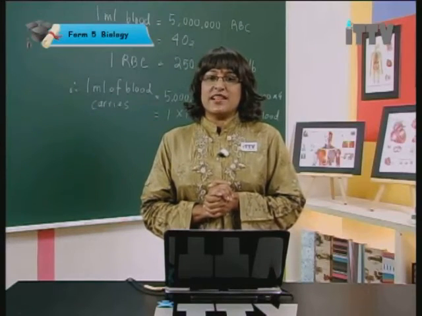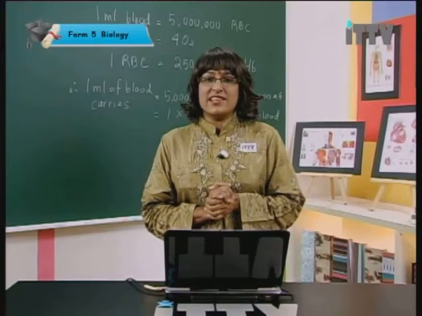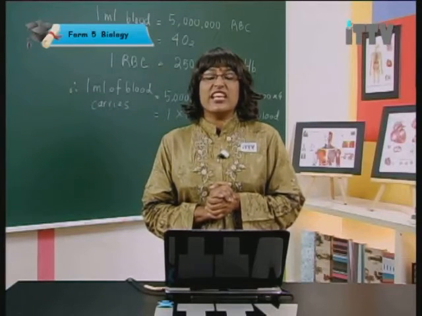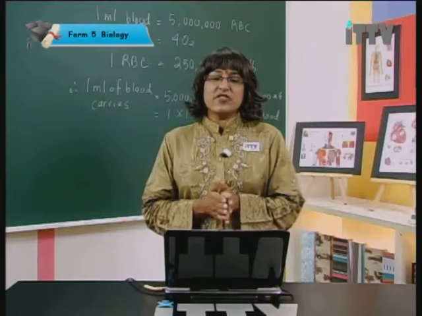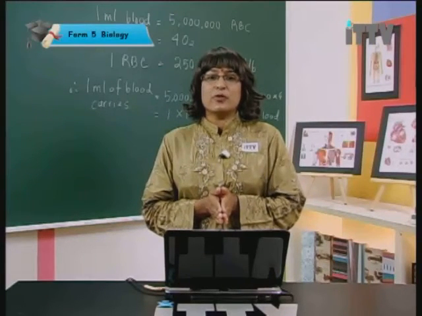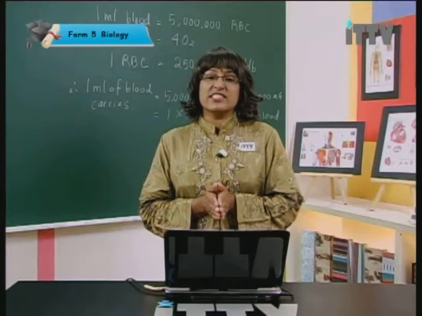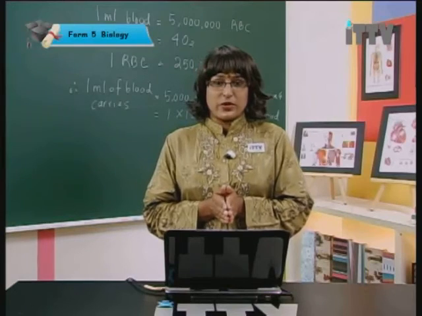The white blood cells play an important role in the defense mechanism, and the platelets play a very important role in blood clotting. As for the plasma portion, though 90% of it comprises water, the 10% carries all the required substances to all parts of the body.